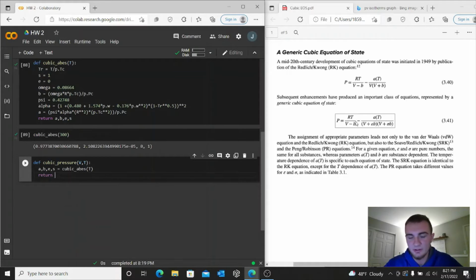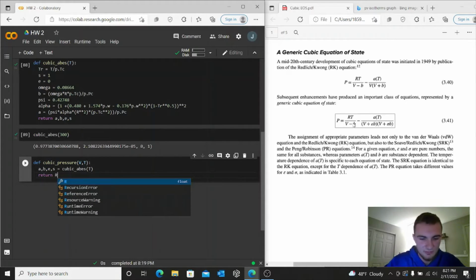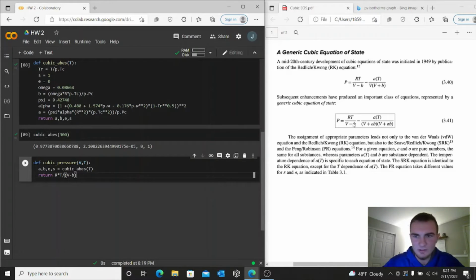And our equation here is RT divided by V minus B. And from here we subtract A, and we will be dividing A by, let's see here, we'll do double parentheses there.